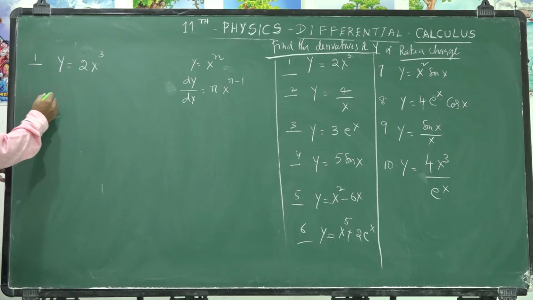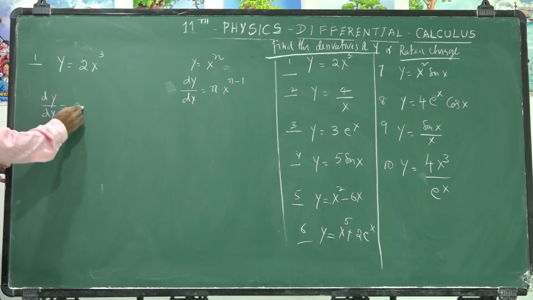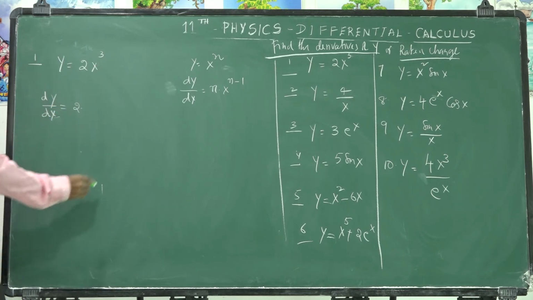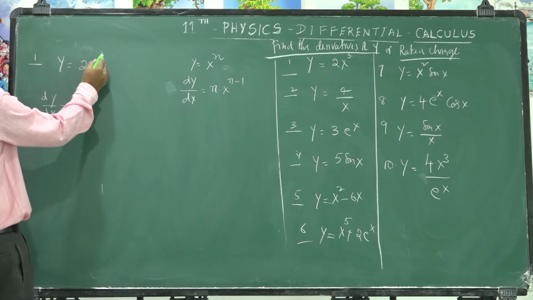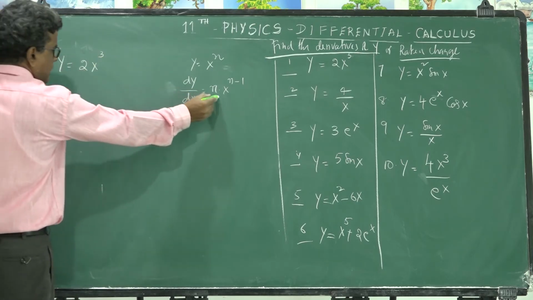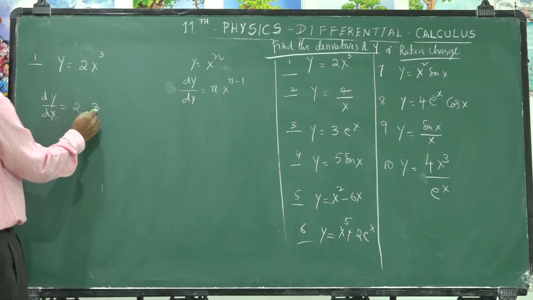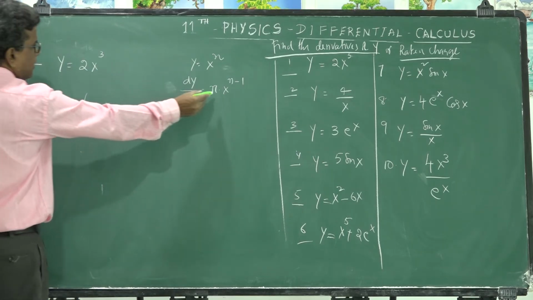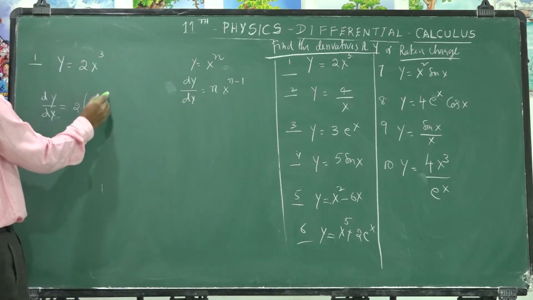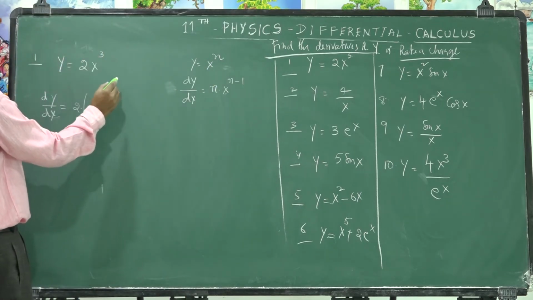So we have dy by dx: 2 is the constant, you keep it as it is, x to the power n, here n is 3. So n, that is 3, into x to the power n minus 1, that is 3 minus 1.